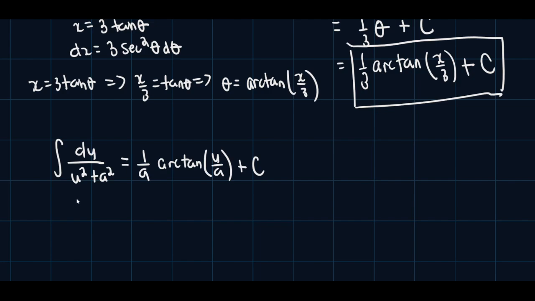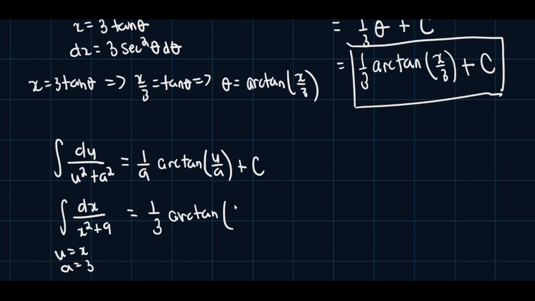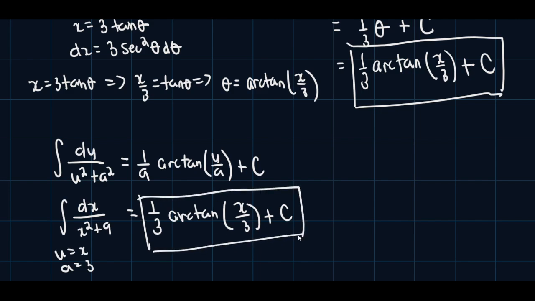So again, here, u is a function of x. So in our example, dx over x squared plus 9, u equals x, and a equals 3. So we have 1/3 arctan of u over a plus c. So, different approach, but same answer.